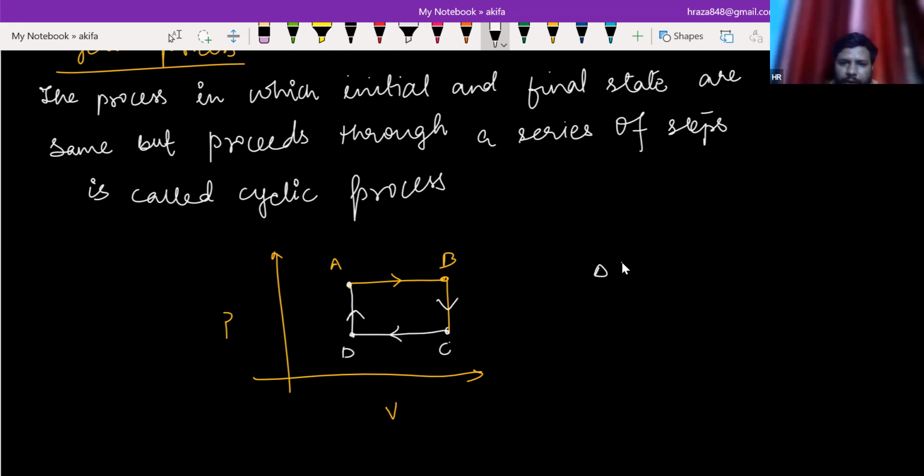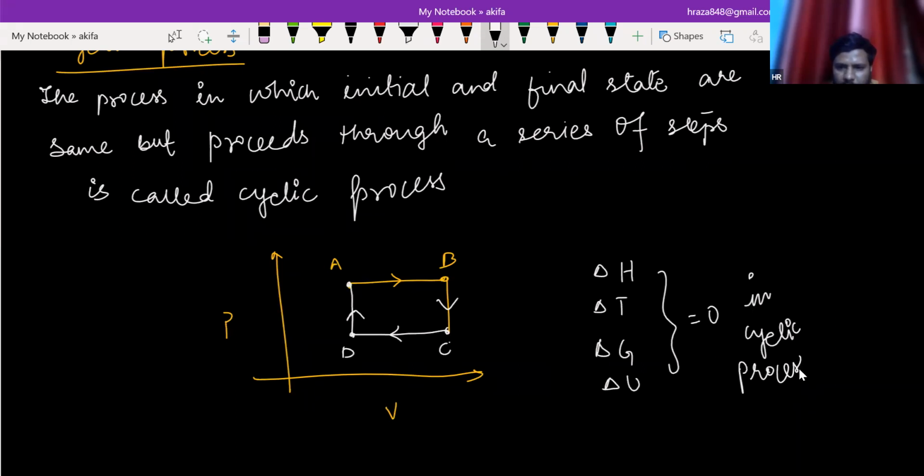Also write delta H, that means change in enthalpy, delta T, delta G, delta U, all have zero value in cyclic process. In cyclic process, the main thing is that the change in every state function is zero.